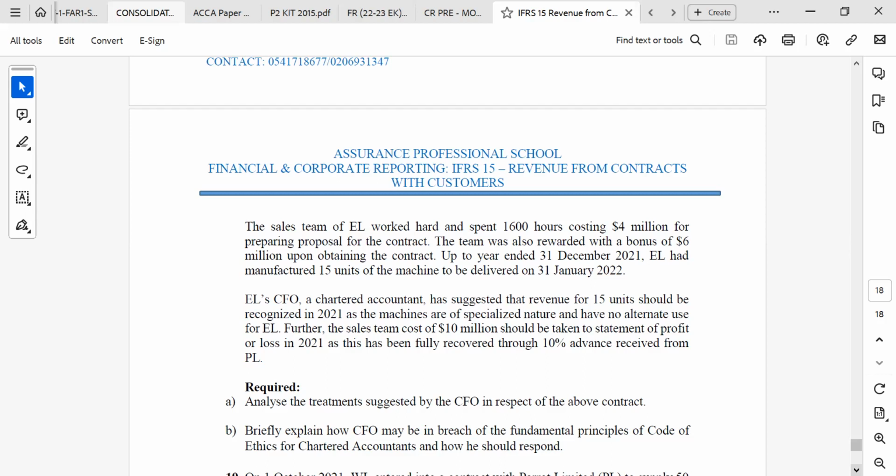Another one, someone can also talk about objectivity. This is where the accountant should exercise professional judgment and should not allow any individual interest. Instead of going to look for the correct treatment, he's trying to feel that he's a CFO and he knows everything.